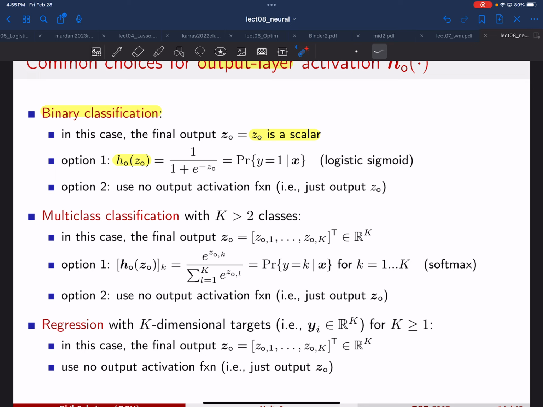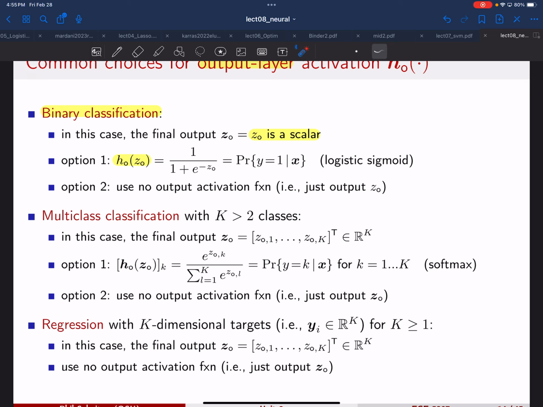You don't need to put it through a sigmoid to figure out how you should classify, right? And if you want to use cross-entropy loss to train, if you think about it, cross-entropy loss was actually defined in terms of z. It was not defined in terms of this thing. So again, if you just want to train, it's enough to compute the z's and stick that into your loss function.